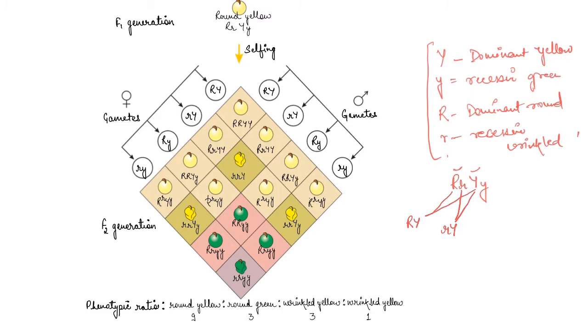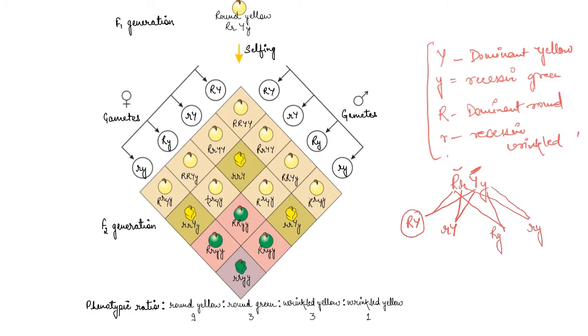Now the third one will be this and this. Remember we are done with the dominant yellow, so now we'll form it with dominant round and recessive green. And the fourth one will be both the recessive ones.